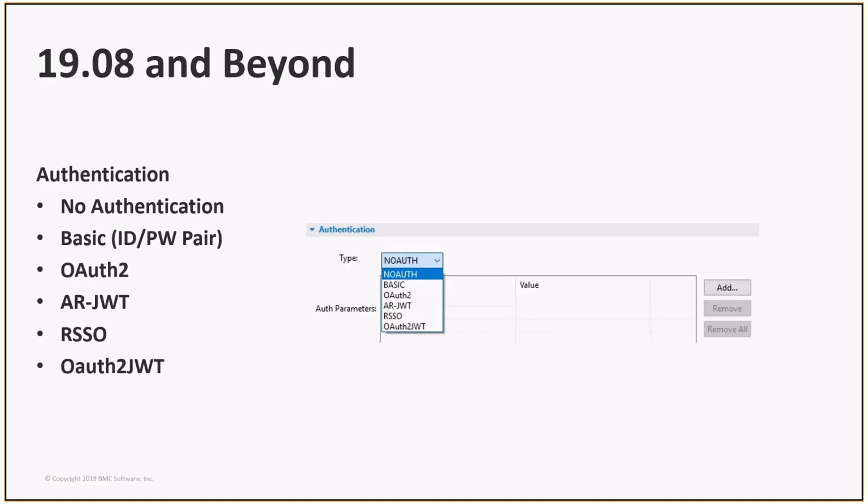Some things require you to do authentication via a user ID and password. Some of them require OAuth. Remedy itself uses an AR-JWT, which stands for JSON Web Token. You can also be authenticating via RSSO. Some systems don't actually have you do quote-unquote authentication at all.